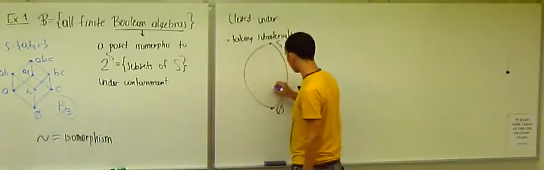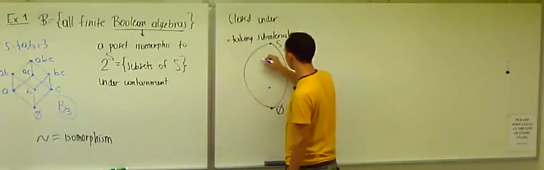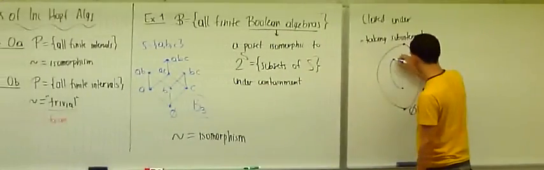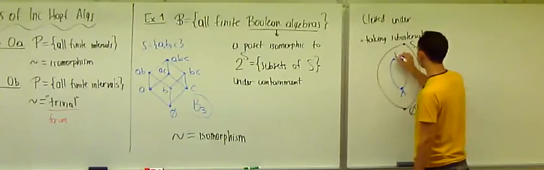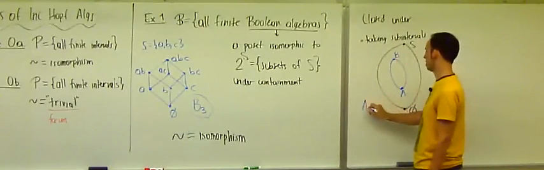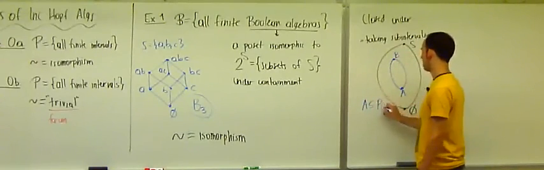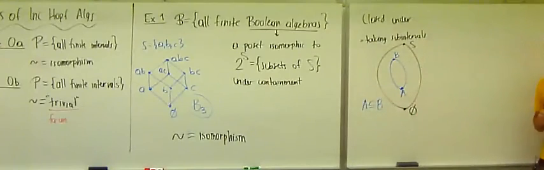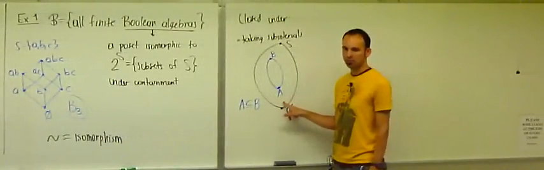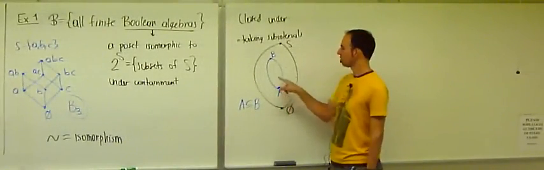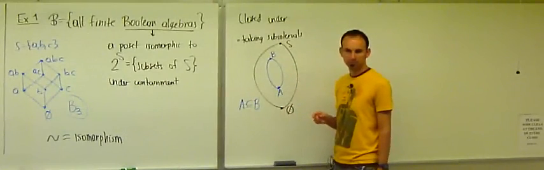The interval looks like something like this, for some A and B such that A is a subset of B. What I need to justify is that if the black poset is Boolean, then the blue poset is Boolean.